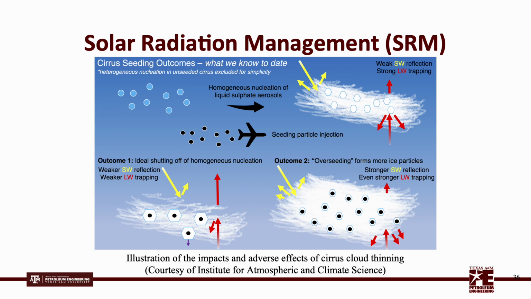Cirrus clouds trap heat and have a net warming effect compared with normal clouds. Cirrus clouds can be thinned by seeding them with aerosols that will stimulate ice formation, causing the cloud's ability to trap heat to be diminished.